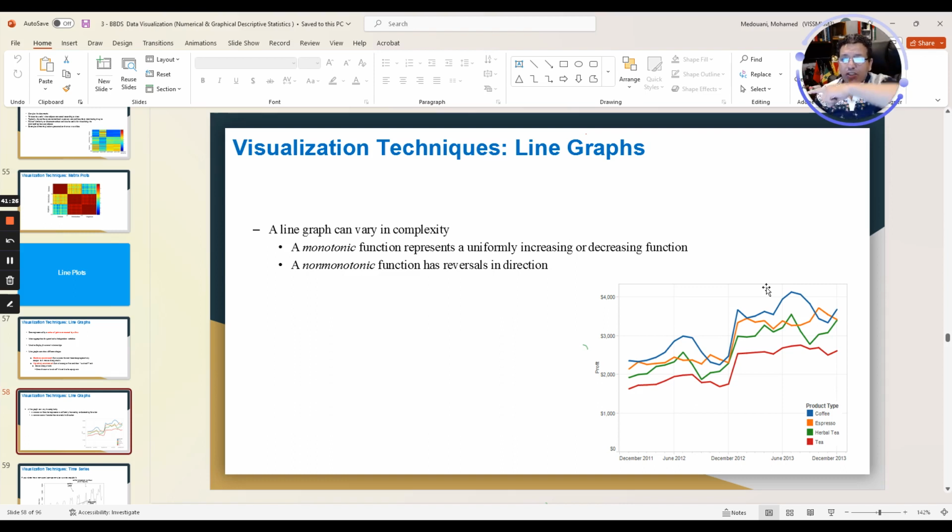You see it goes up, then down, then slowly goes up, so you understand the movement of the price through time.